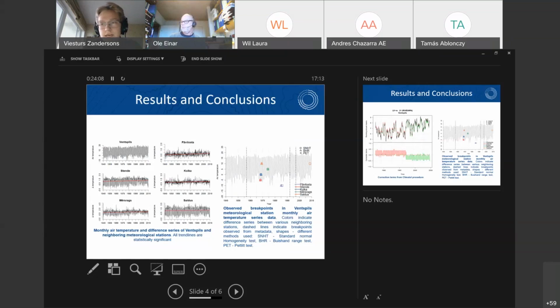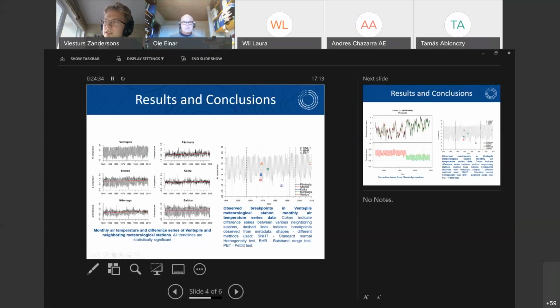We checked afterwards the difference series of the closest temperature measurement stations, and we checked if there's a trend in them. And the Mann-Kendall test showed that there is a significant trend in multiple of these stations. For example, here in Ventspils, we can see that there's a trend between Pavilosta station, Stende, Mazsalaca station, and, well, stations that are close by.